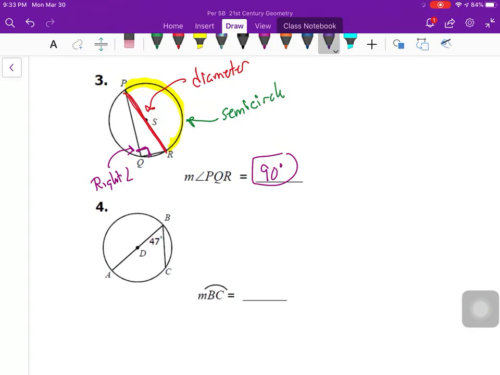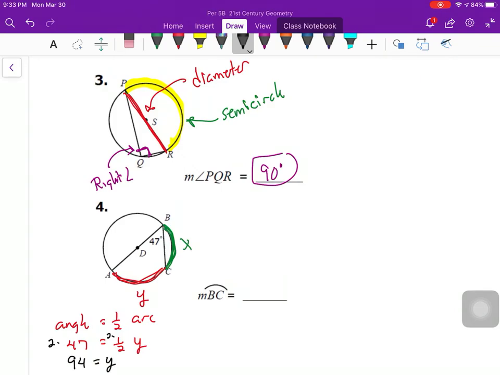Now this next one looks a little bit tricky. And the reason it looks a little bit tricky is they've asked us to find this arc right here, B to C. Before we find that one, I think we better focus on finding this one right here. I know that the angle equals half the arc for an inscribed angle. So 47 equals half of y.